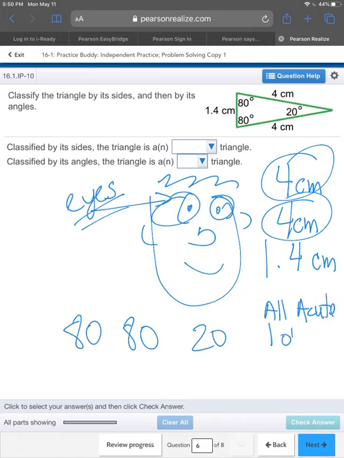Is one of them obtuse? Or is one of them right? Remember, right angles are 90 degrees. If it's greater than 90, it's obtuse. If it's less than 90, all of them have to be less than 90, it's acute. That will help you with question number 6.